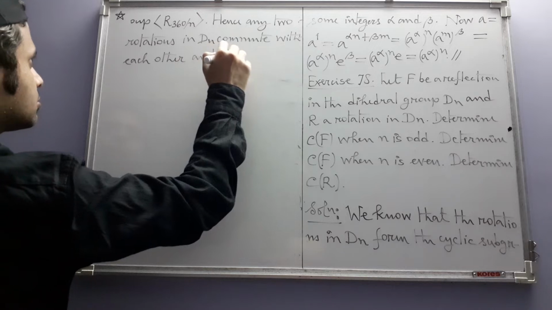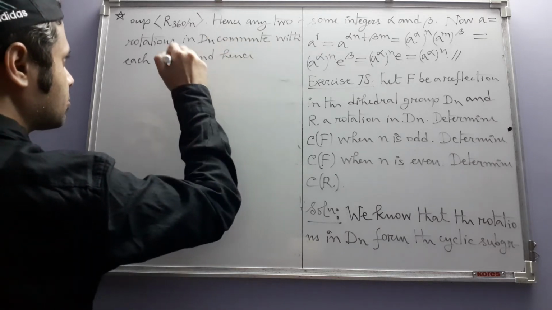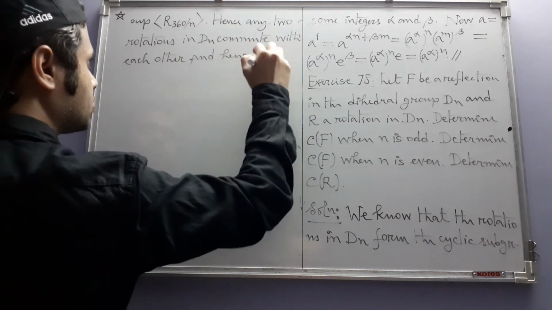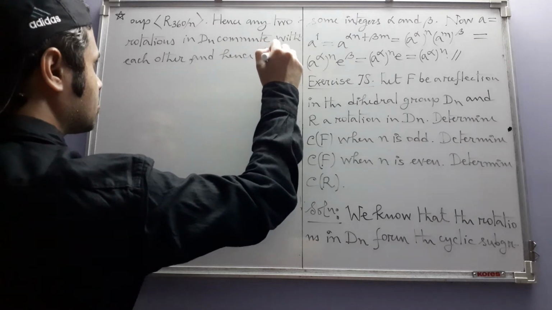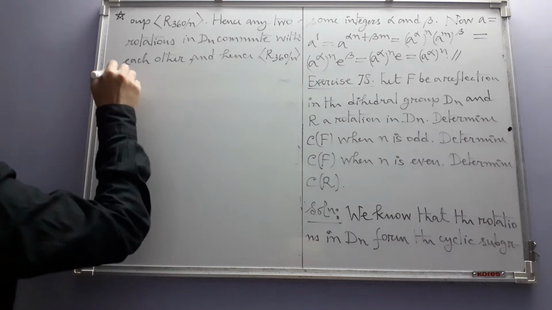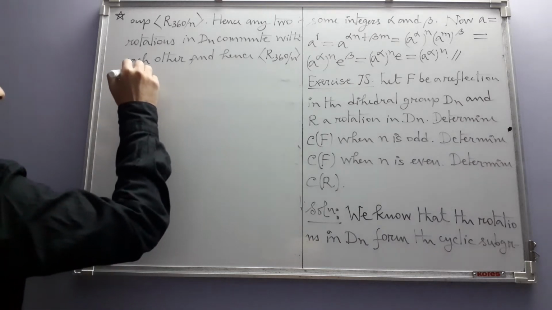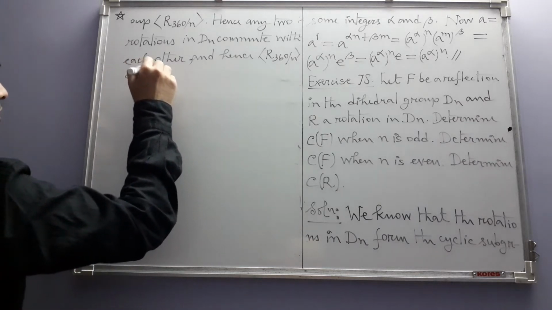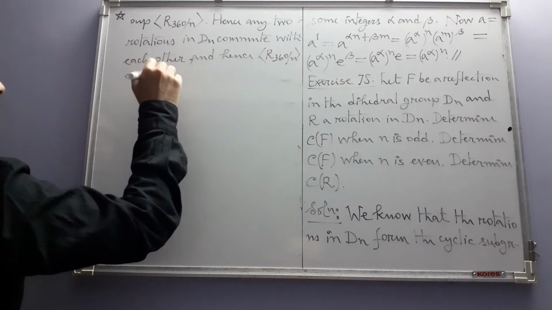And hence this cyclic subgroup consisting of all the rotations is contained in the centralizer of R.